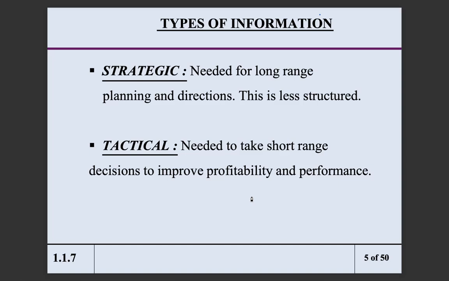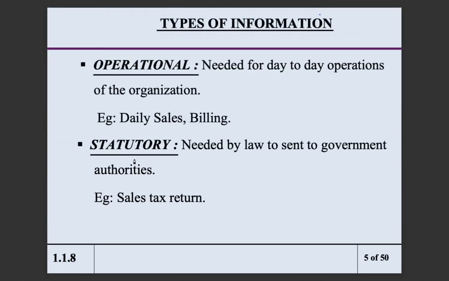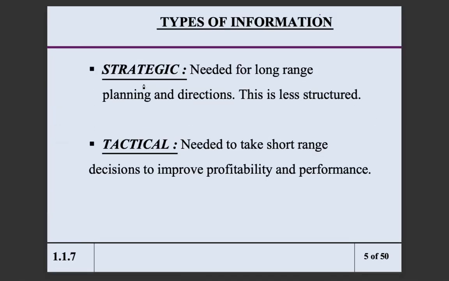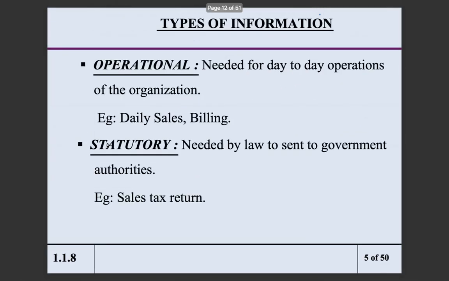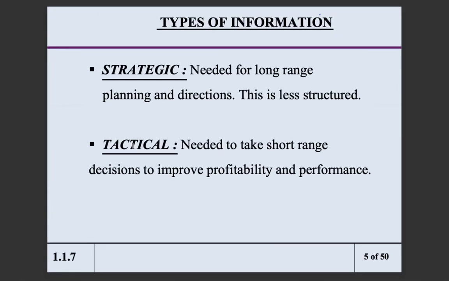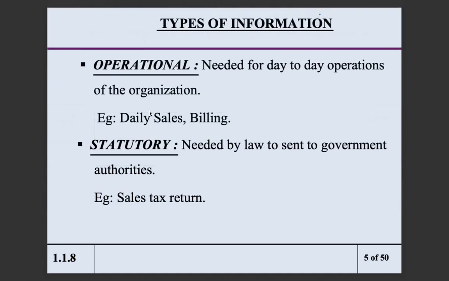So we discussed those four types of information according to the shopkeeper scenario. Now we have the types of information together. First one is strategic, then tactical, and another two, operational and statutory. Actually, the first one would be operational, then the second tactical, third strategic, and finally the statutory one.